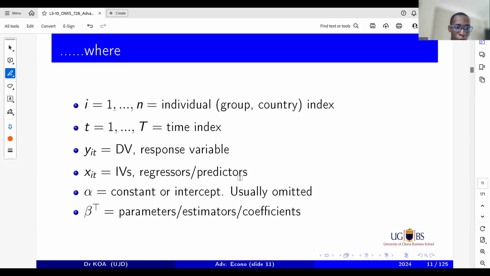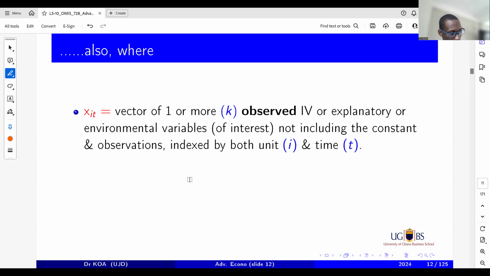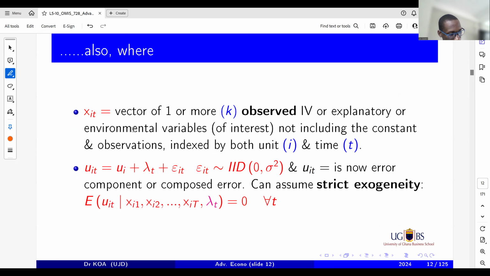Okay, so the estimates are the numbers, the estimators are the Greek letters. So the estimators are the unknown. The estimates are the known. Okay. I've already spoken about the independent variables and what they capture.